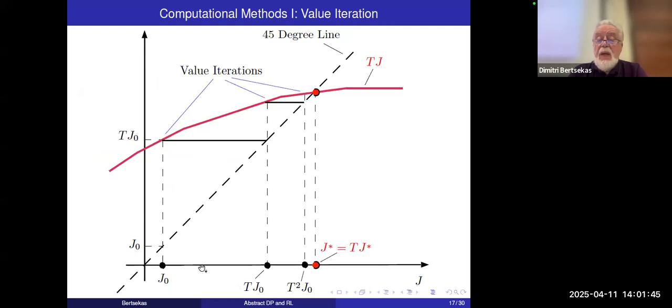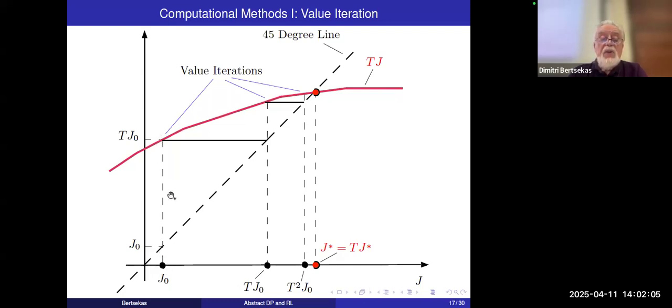And here we have again J, T of J, the Bellman operator in red. We want to find its fixed point, the intersection with the 45-degree line. And we start from some initial condition.